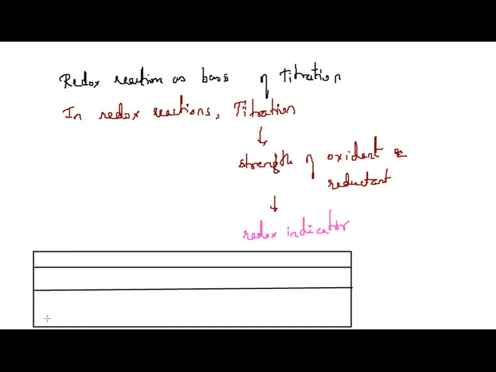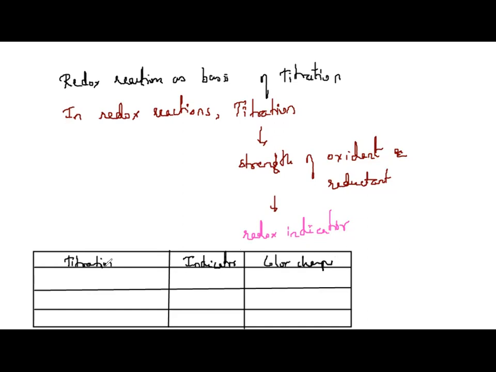I'll tell you the examples using this block. Here I'll mention what titration I'm speaking about, what type of redox titration we'll carry out, what indicator is used, and what the color change is.